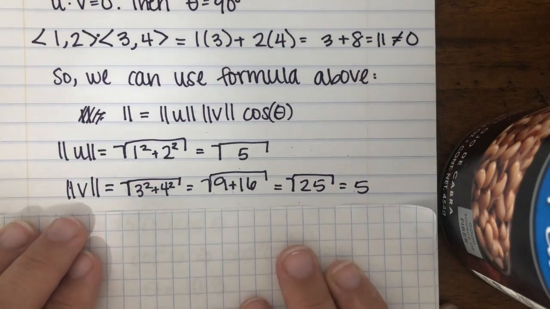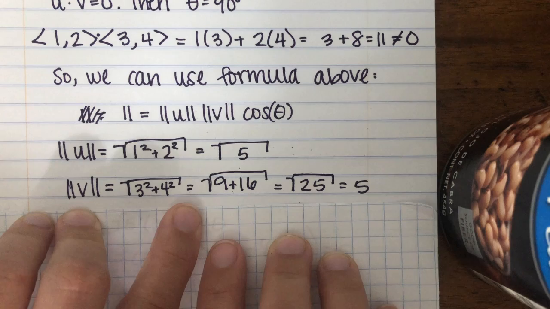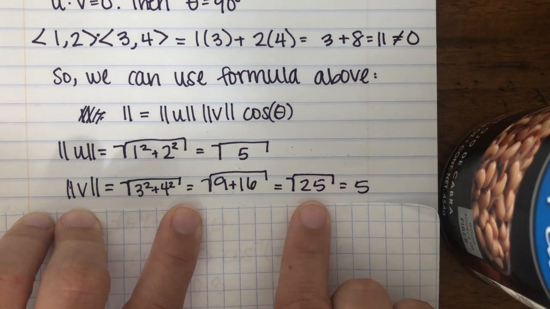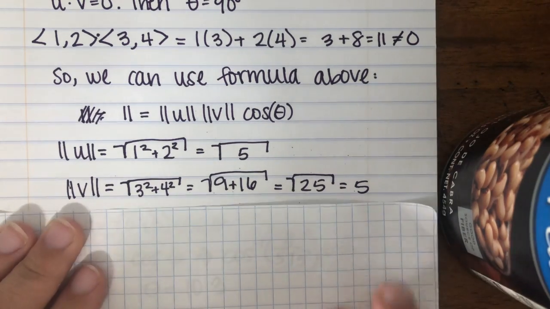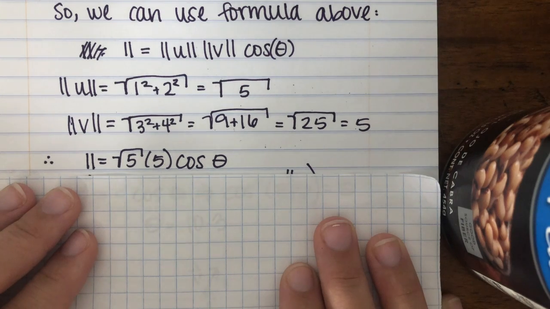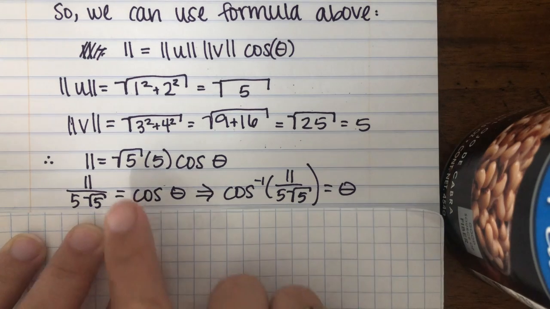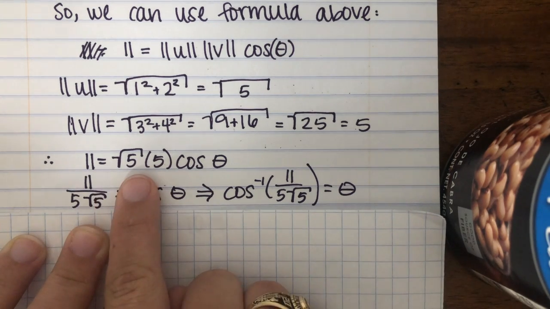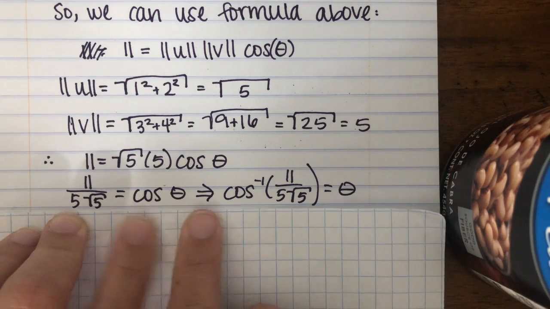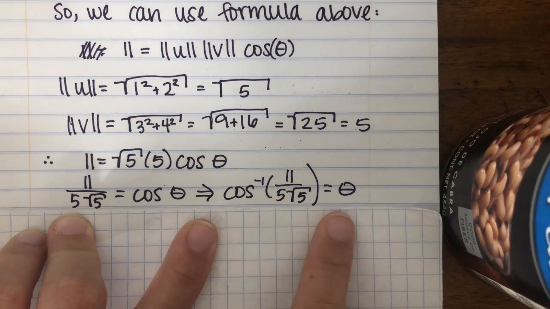And for v, we take the square root of 3 squared plus 4 squared, and then that is equal to the square root of 9 plus 16, which is equal to the square root of 25, which is equal to 5. So therefore, we are given this equation, and then we can do some algebra to manipulate it. So we divide both sides by 5 root 5, as I did right here, is equal to cosine of theta. And so therefore, cosine inverse of 11 over 5 root 5 is equal to theta.